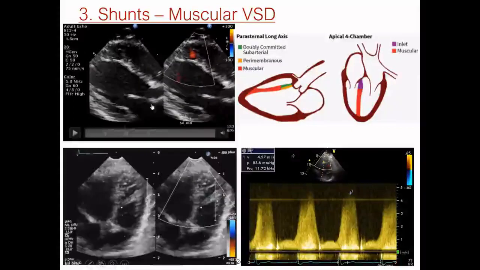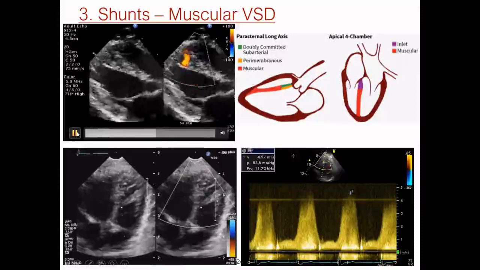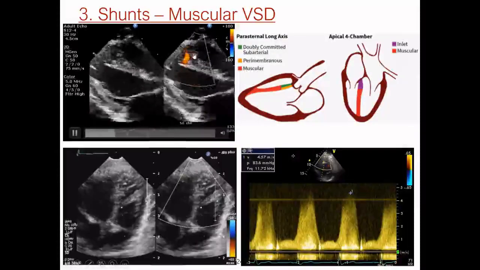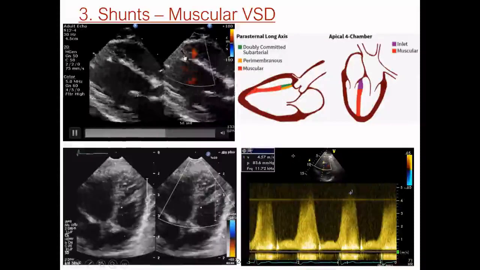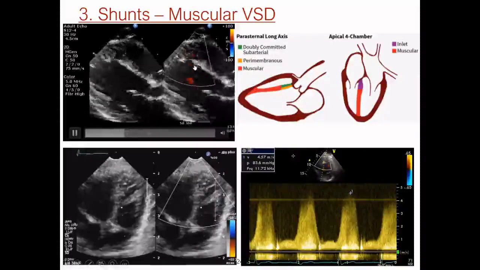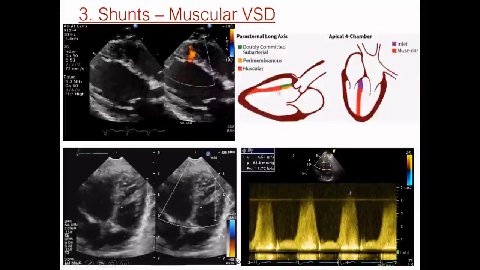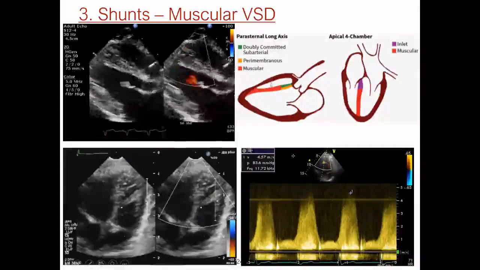So we move on to the muscular VSD. These usually occur, but not always, near the mid to apical segments. So you can see here, there's a flow near the apex of the heart, the apical septum, and then this can only be associated with muscular VSDs.